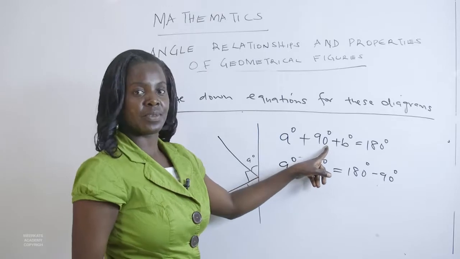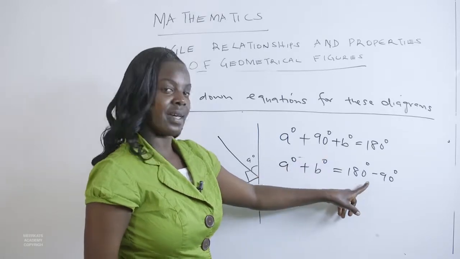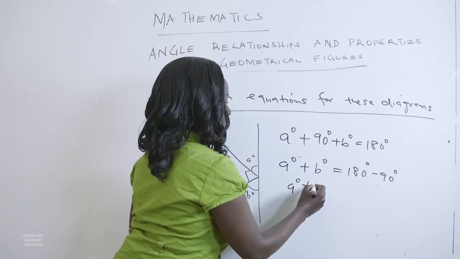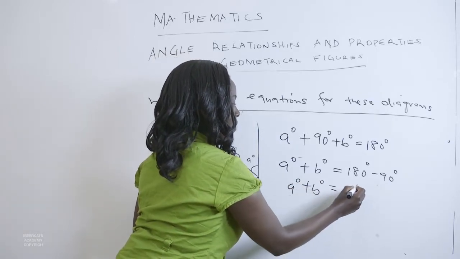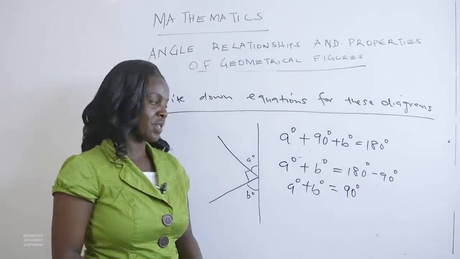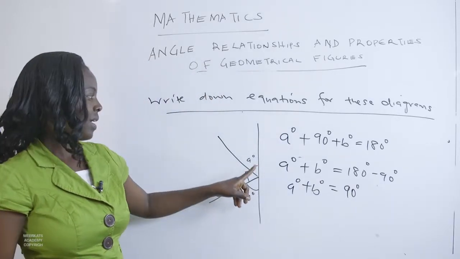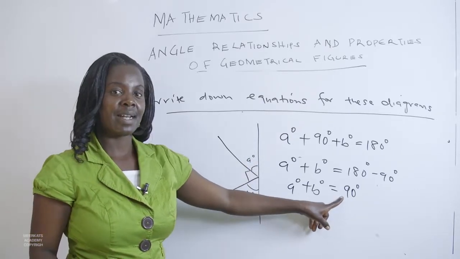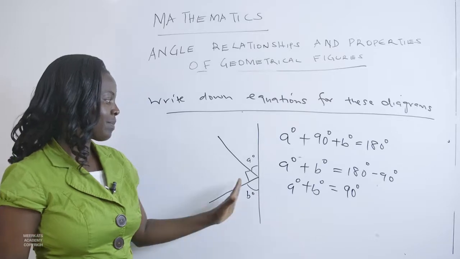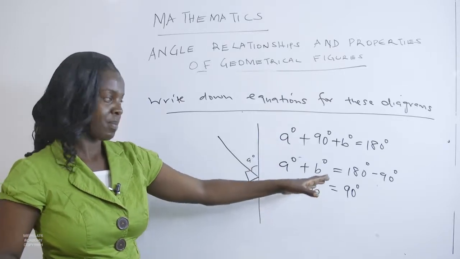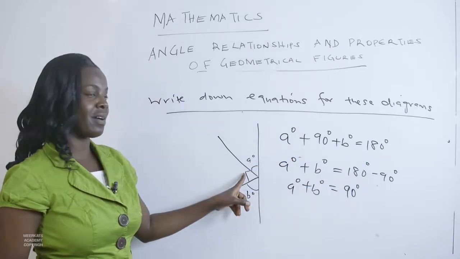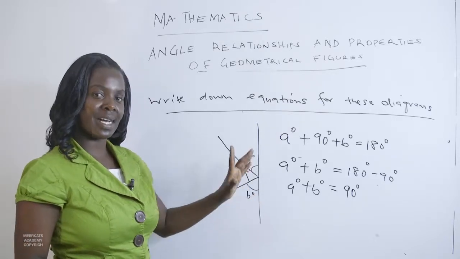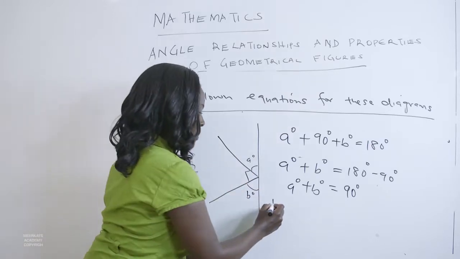If we subtract 90 from this side, we'll have 0. Then we also subtract from this side. So our equation will be A degrees plus B degrees should give us 90 degrees. Or instead of starting with 180, because we already have 90 on a straight line, we say 180 minus 90.